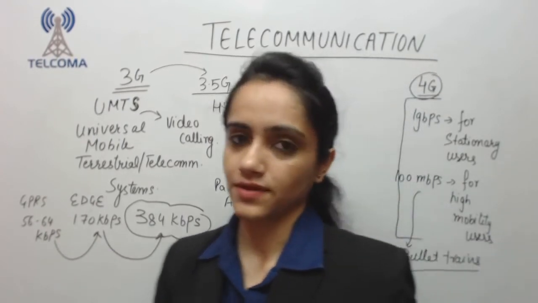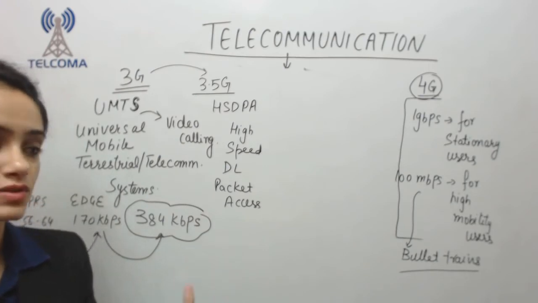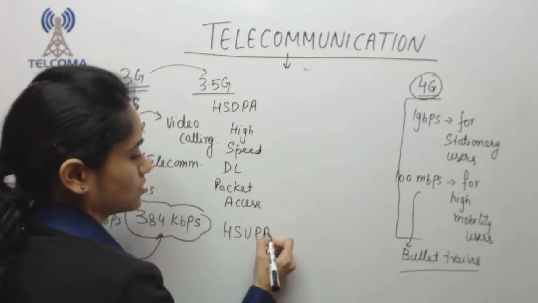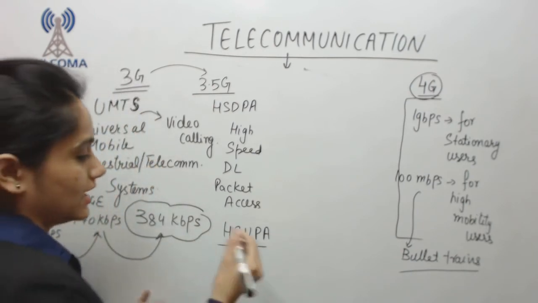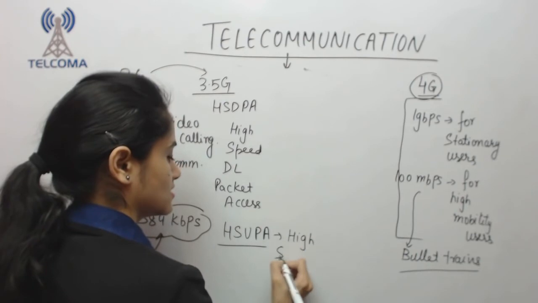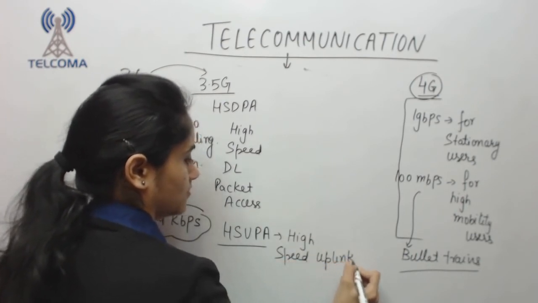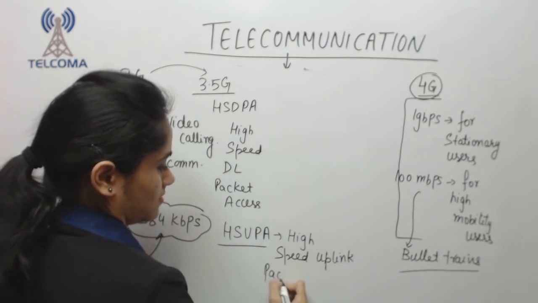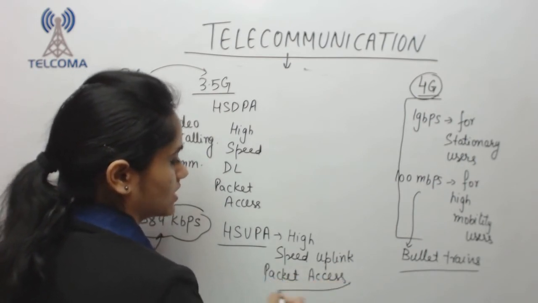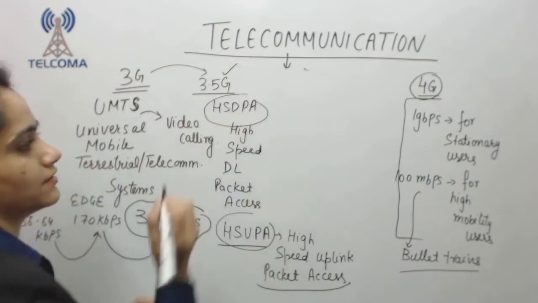After that we have an era of cloud computing, which means we have to work on upload speed also. So we have HSUPA, High Speed Uplink Packet Access. So HSUPA and HSDPA come under 3.5G.